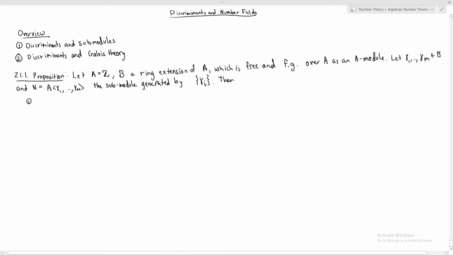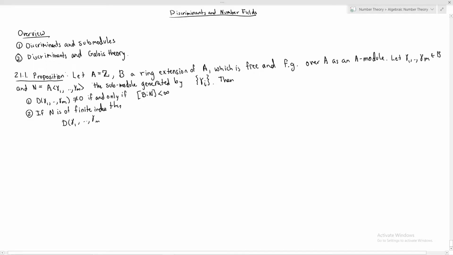One, the discriminant of these guys is not equal to 0 if and only if N has finite index in B. Okay, and two, if N is a finite index then the discriminant of these guys.